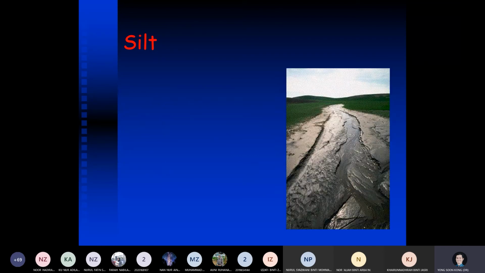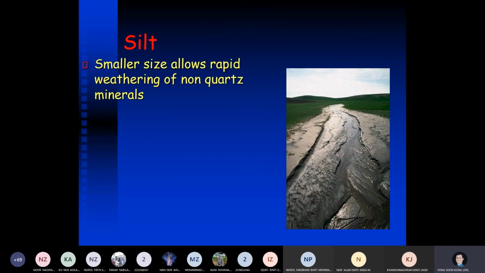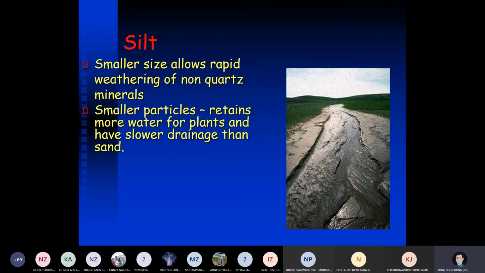So you can usually see silt near the river bed. And beyond that, because we don't have four seasons, loess is not applicable here. So you can usually find silt in the riverbed or in places where there is some movement of water. These are the locations where you can find silt.